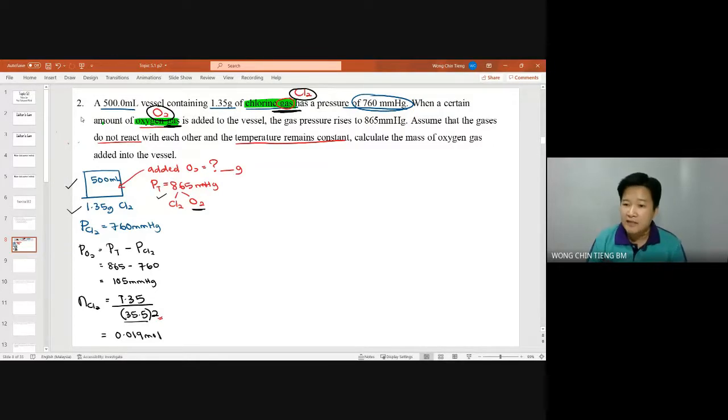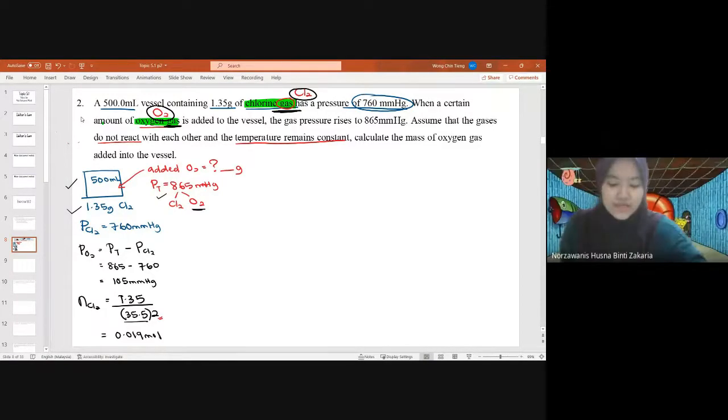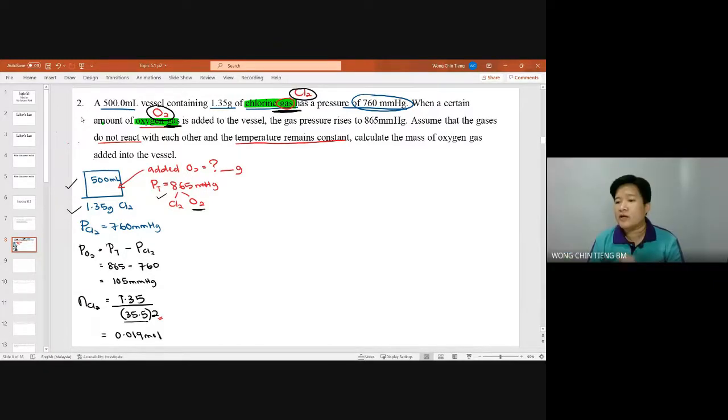Zavanis is using ideal gas equation. Zavanis, ideal gas equation pertama, Zavanis kira untuk chlorine ke oksigen? Saya kira klorin sebab saya nak dapat temperature. Yes. Why we are using ideal gas equation? Because we have the partial pressure of chlorine. We have the number of mole of chlorine.